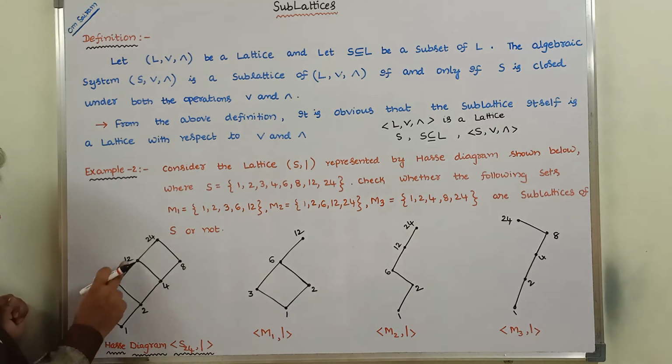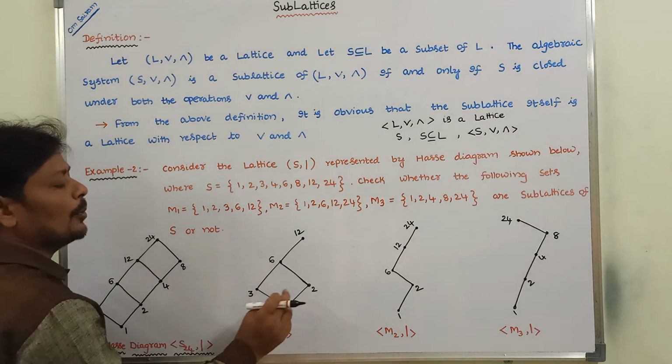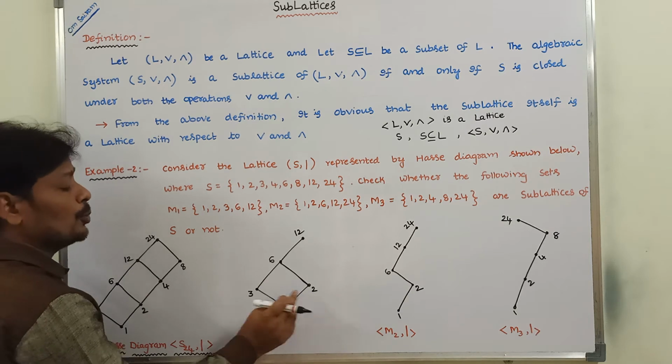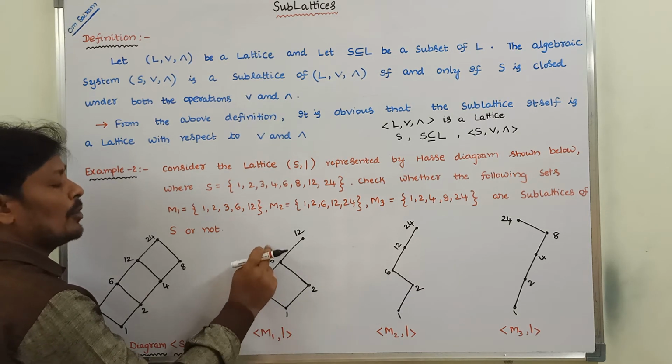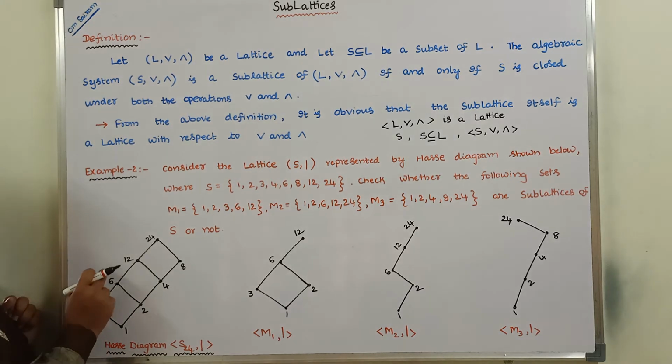Here in this diagram also we have 1, 2, 3, 6, 12. We take the pair of elements 2 and 3: least upper bound is 6, greatest lower bound is 1. In this diagram also, for the pair 2 and 3, the least upper bound is 6 and the greatest lower bound is 1. We take the pair 6 and 12: least upper bound is 12, greatest lower bound is 6.